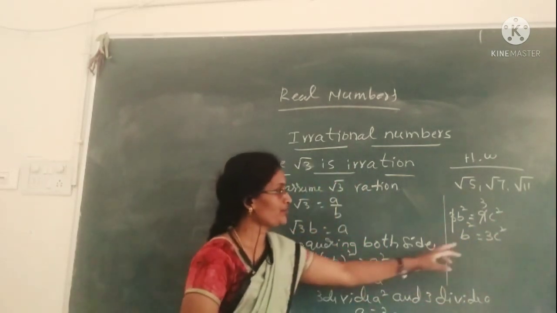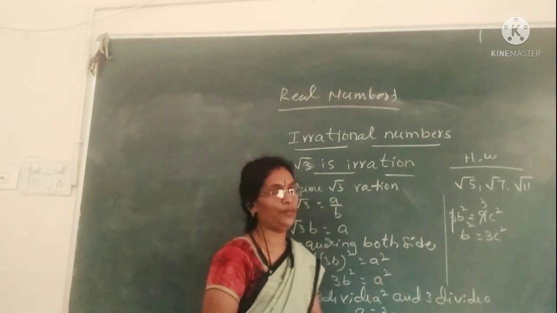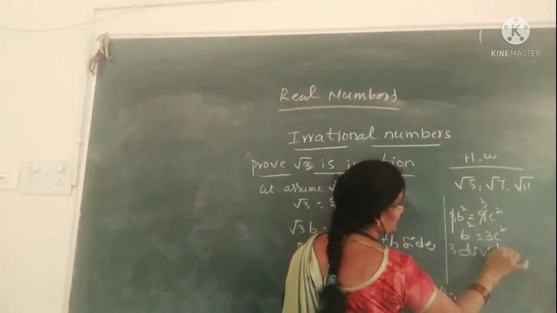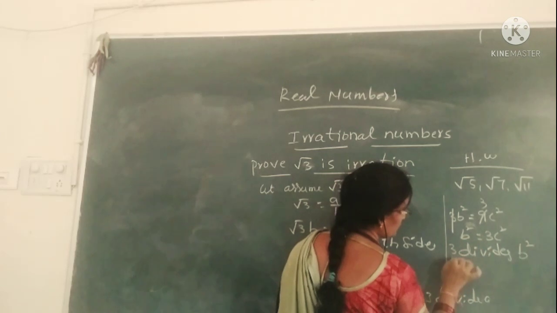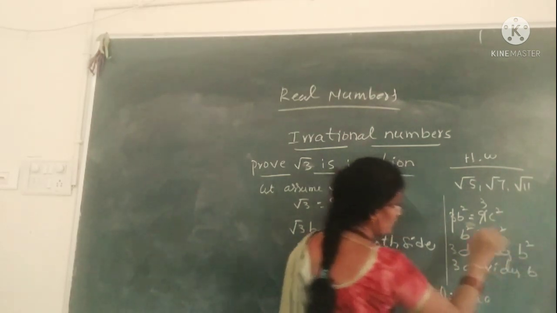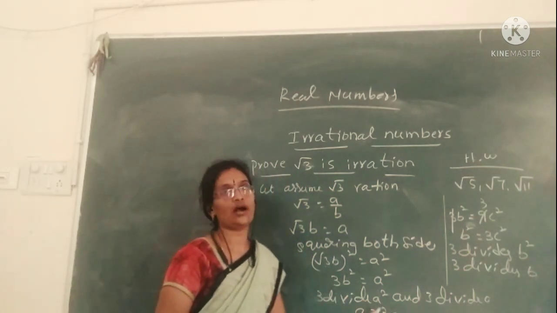Then we can observe that 3 divides b², so 3 divides b. Therefore, both a and b have 3 as a common factor.